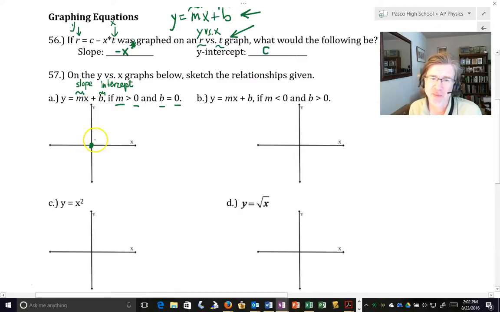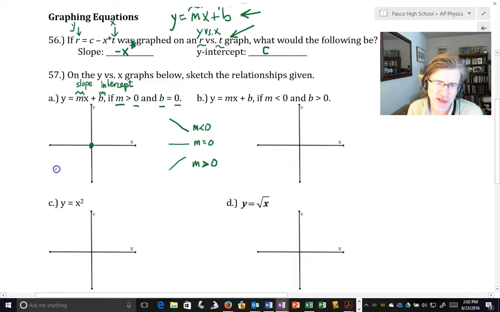But remember, there's a bunch of lines that go through that point, and they all have different slopes. So do they have slope like this? That's actually m is less than 0, so that's not the one. Do they look like this? That's the slope equals 0. So they all have slopes that go upwards as you go from left to right. That's m is greater than 0.